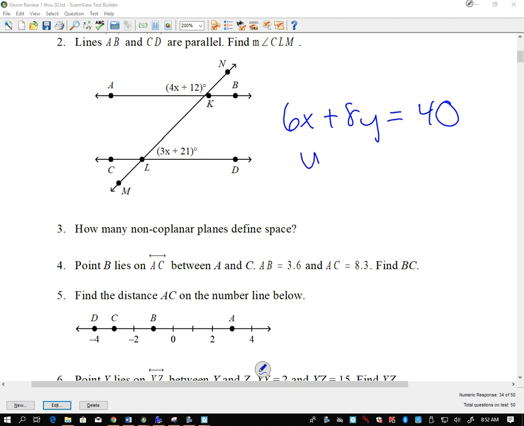And just so that we're aware, the number that comes in front of the x is my slope. If it's a fraction or a whole number, that's my slope. b, whatever number plus or minus comes at the end, that's my y-intercept. Are we aware of that? Okay, do we know how to convert this over to slope-intercept form? Is anybody not sure how to do that?